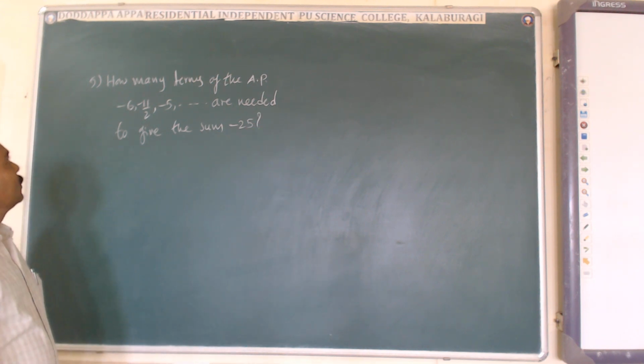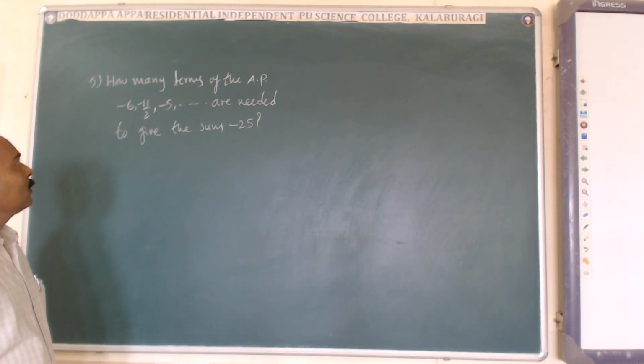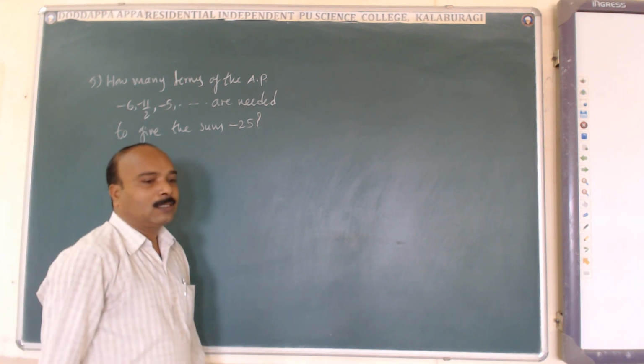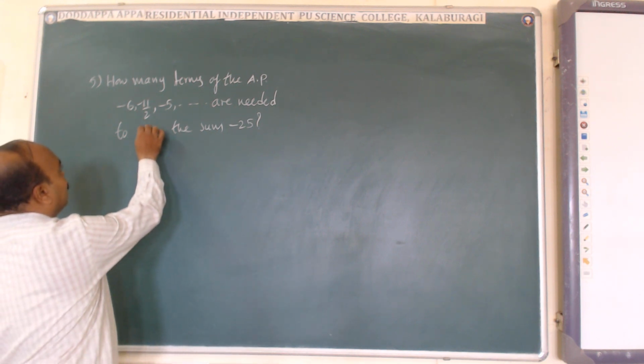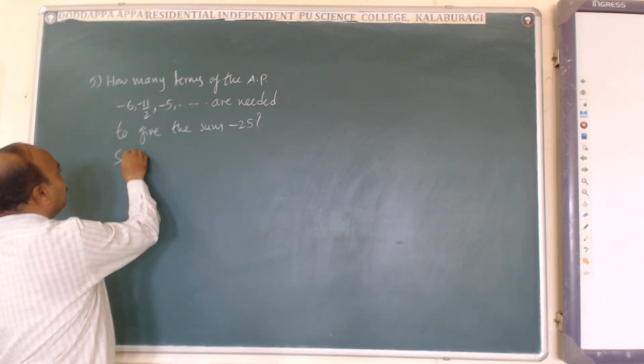It is the question. How many terms of the AP minus 6, minus 11 by 2, comma, minus 5 are needed to give the sum minus 25?